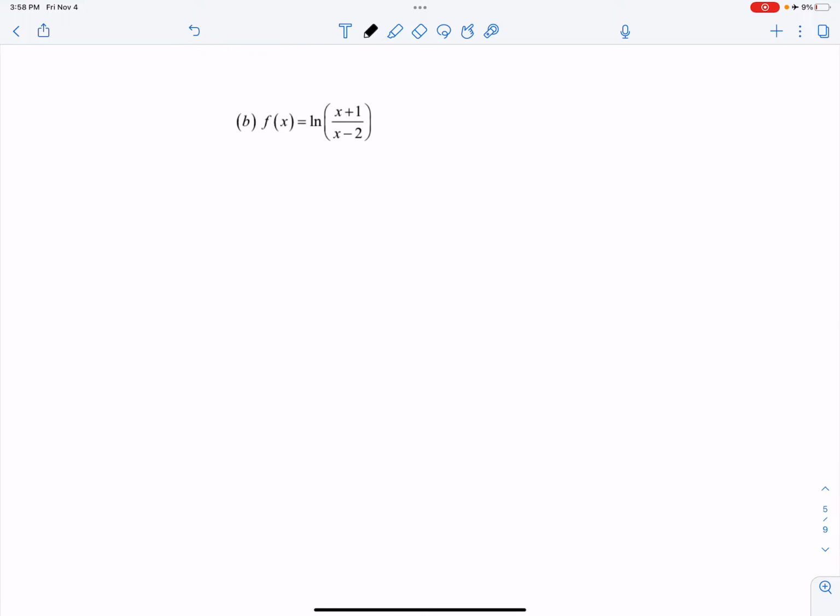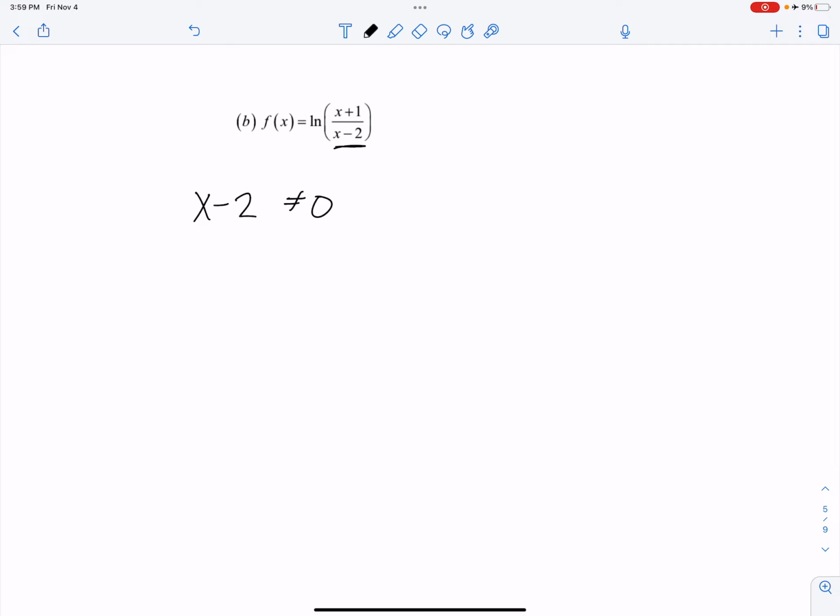Let's do another. Here we have the natural log of (x plus 1) over (x minus 2). Now this one is a little tricky because now we have a big division happening in here. One thing we know for sure is we cannot have a 0 on the bottom of our fraction. So let's take care of that piece first. We already know that x minus 2 cannot be equal to 0.